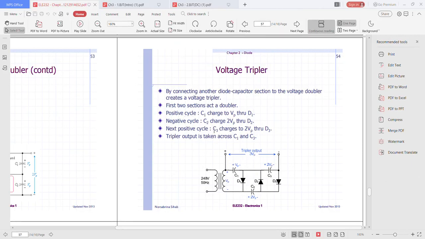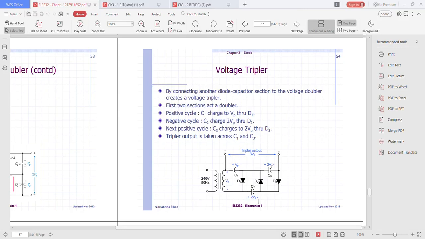For the negative cycle, D1 will be off, D3 will be off, so D2 will be short circuit. So for the negative cycle, the current will flow through this direction, and what will happen is that C2 will be on, or will charge.